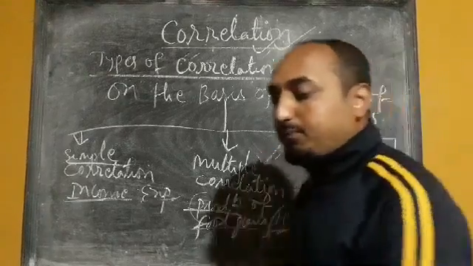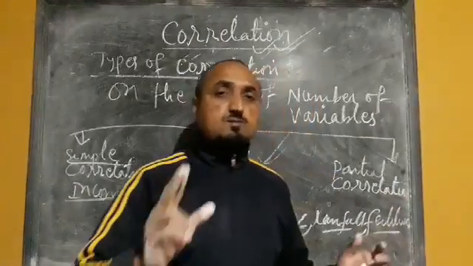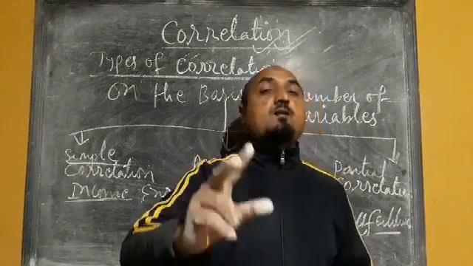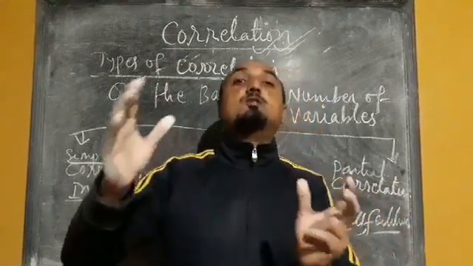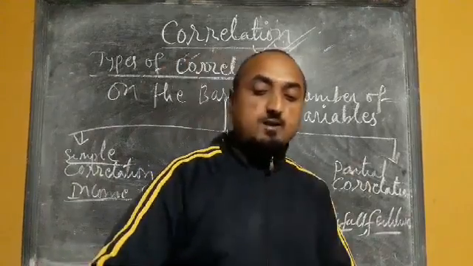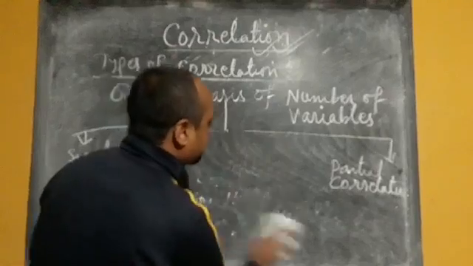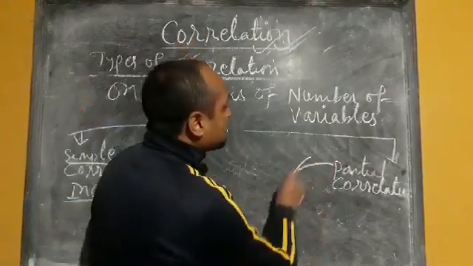Now next one we have is partial correlation. In the case of partial correlation, we show only the relationship between 2 variables, and the impact of other variables is considered as a constant, when we explain the law of demand. Now I will explain this concept of partial correlation.